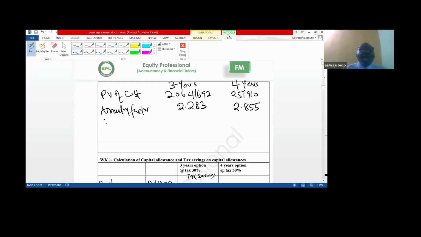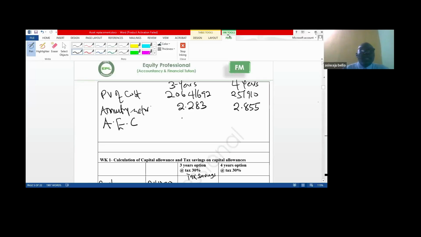Then your annual equivalent cost. Divide the present value by the annuity factor, 2.283.